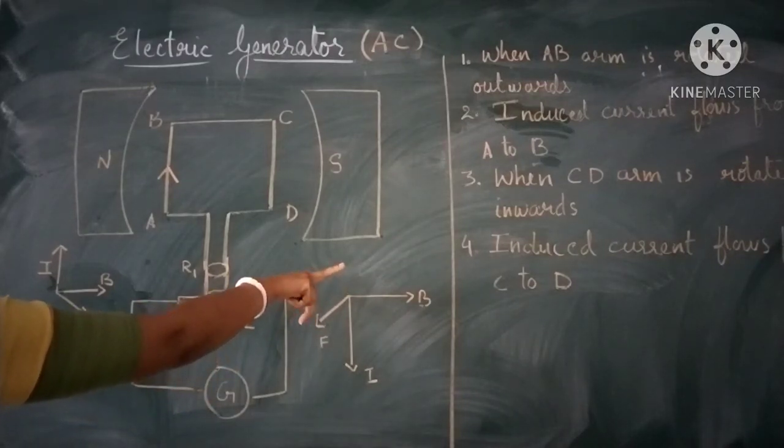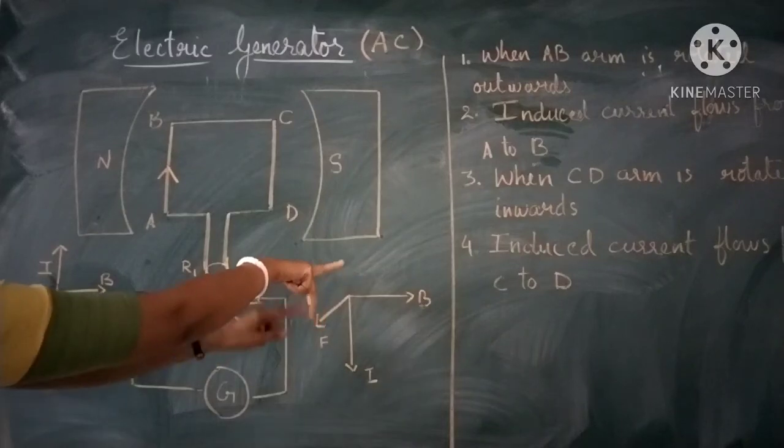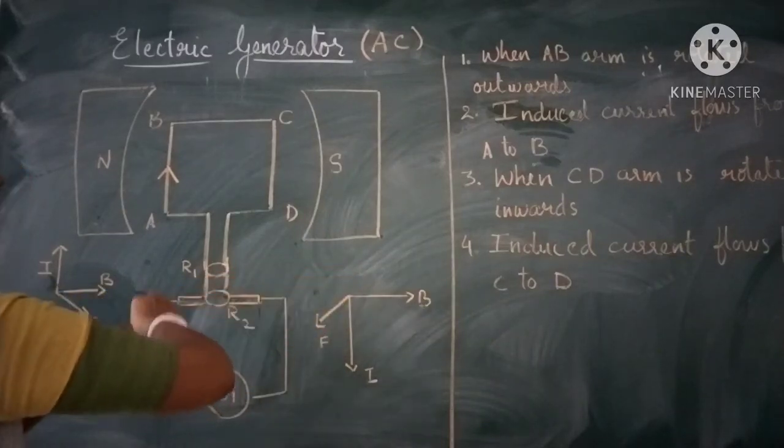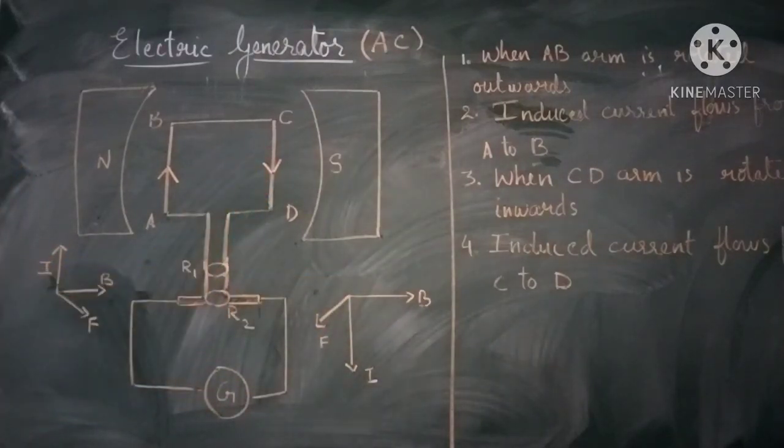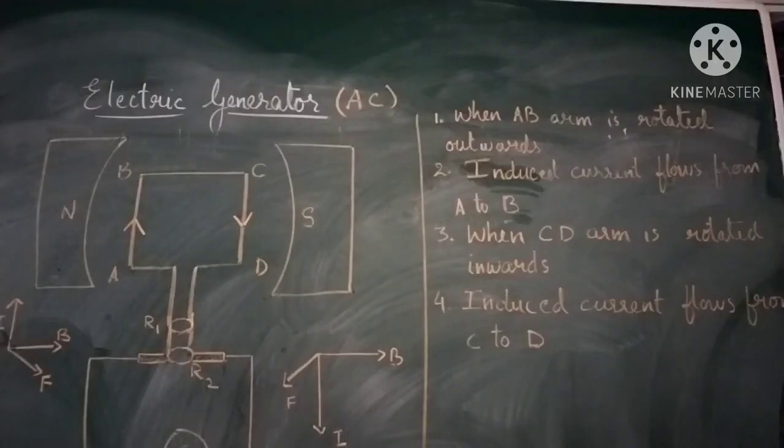And then if I stretch the middle finger, it is going in the downward direction. That means this will be the direction of the current in the CD, from C to D. So induced current will be produced in this particular direction for the first rotation. So in this case, the direction of the current moves from A, B, C and D.